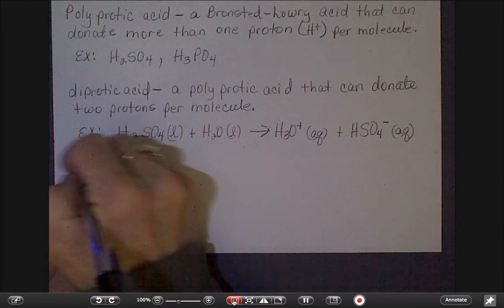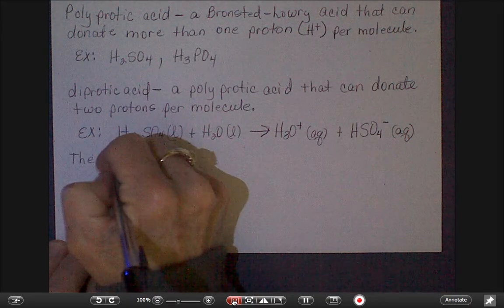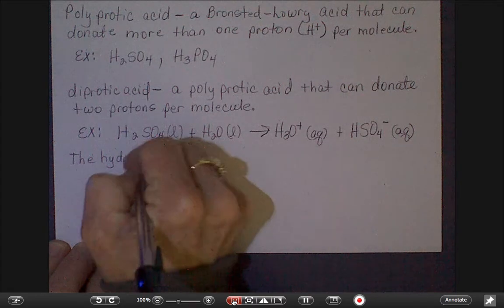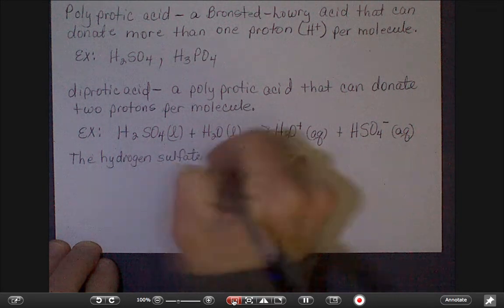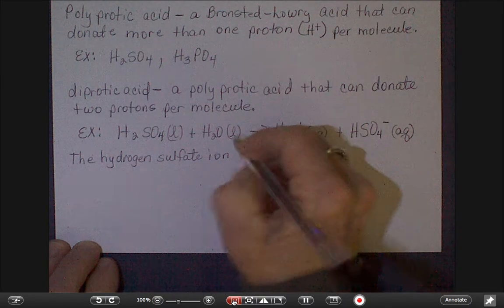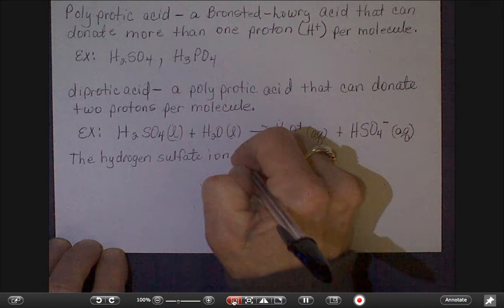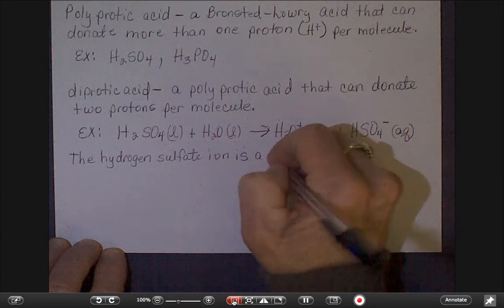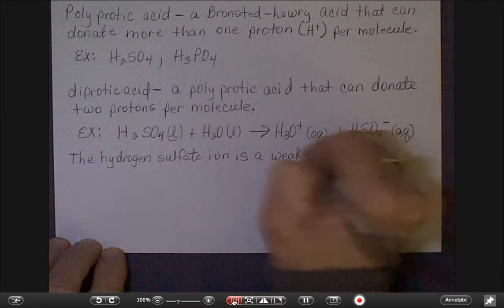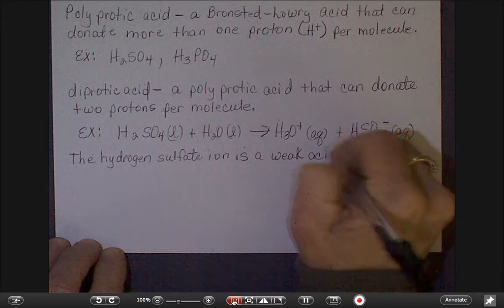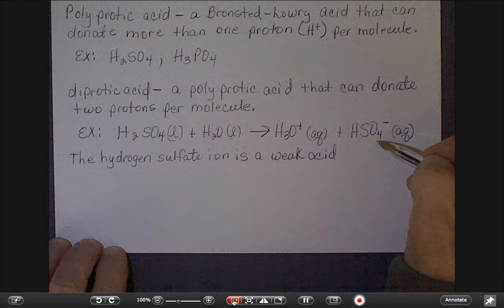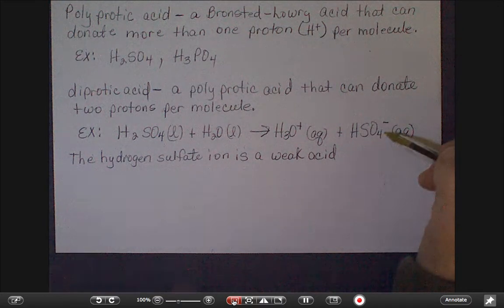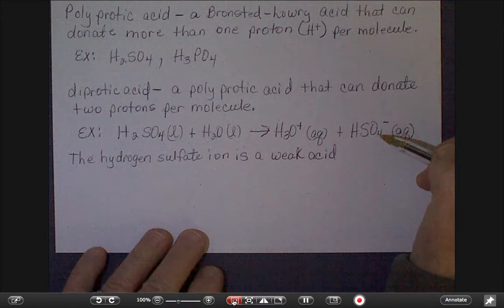The hydrogen sulfate ion is a weak acid. Why is that? Why is HSO4 minus a weak acid?